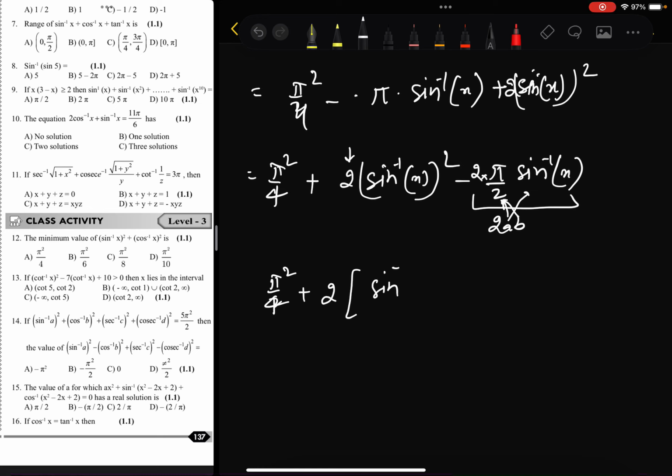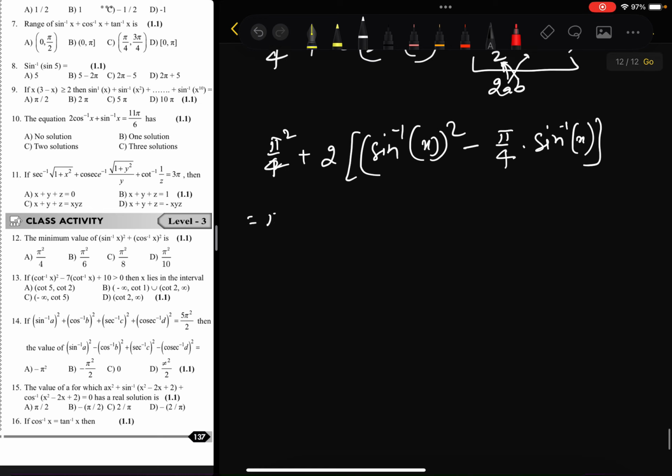Then this will become sine inverse x whole square minus pi by 4 sine inverse x, since the 2 goes outside, so I have to multiply and divide by 2 again.